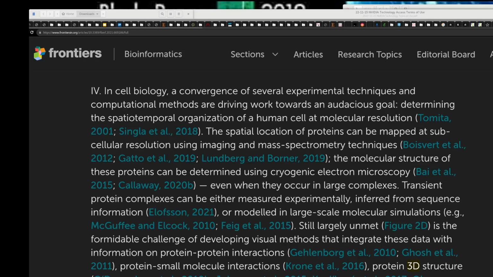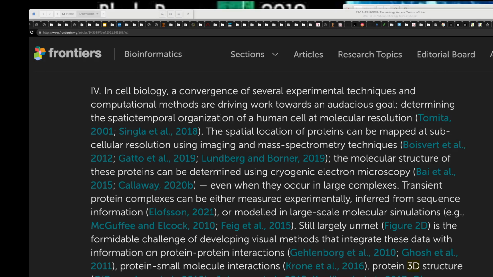Transient protein complexes can be either measured experimentally, inferred from sequence information, Ellefson, 2021, or modeled in large-scale molecular simulations, for example, McGuffey and Ilcock, 2010, Fag et al., 2015.